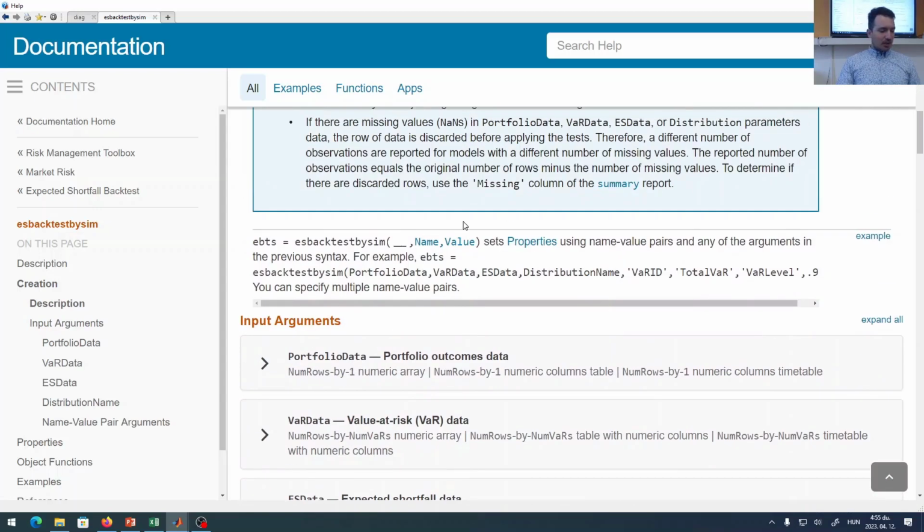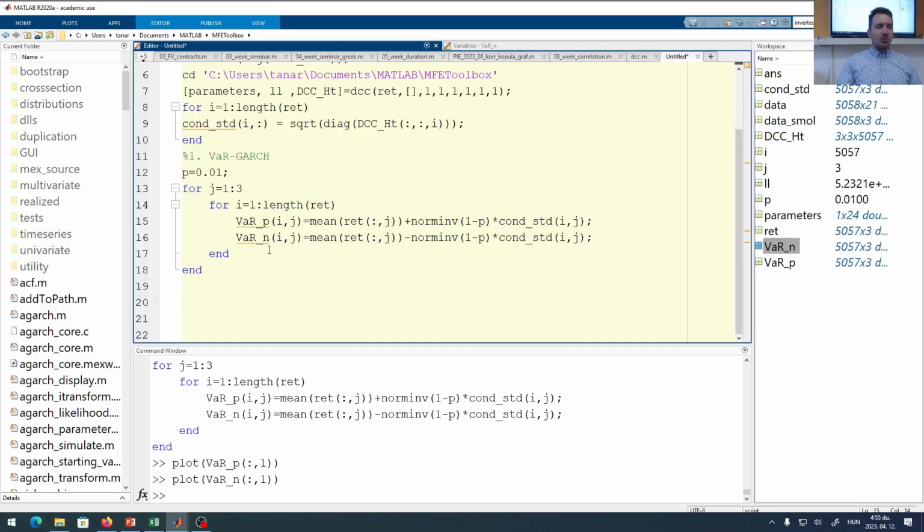Okay, so before we are doing it, first of all I have to create also a portfolio for all of these things.